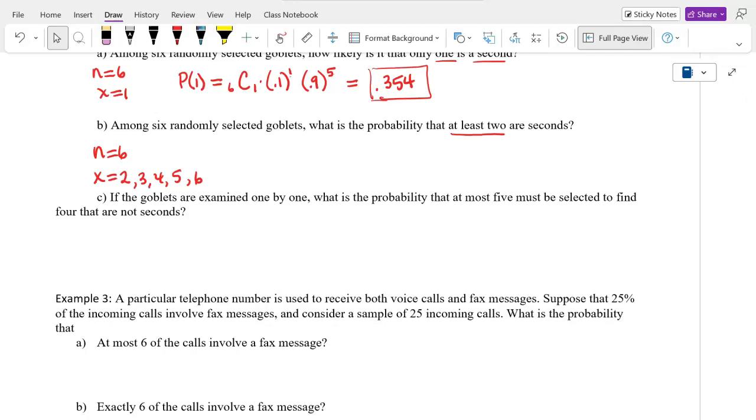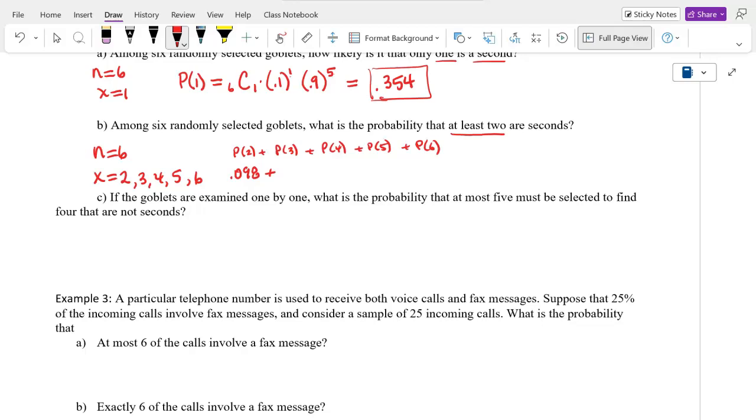Go under n is equal to 6 and scoot over to x is 2 underneath a p of 0.1. So I'm going to find the probability of 2, the probability of 3, the probability of 4, the probability of 5, and the probability of 6 in my table. The probability of 2 is 0.098.